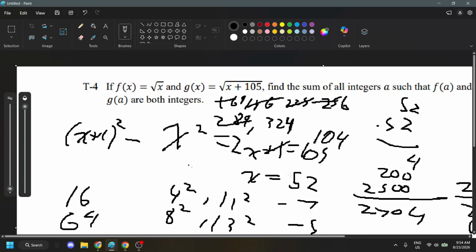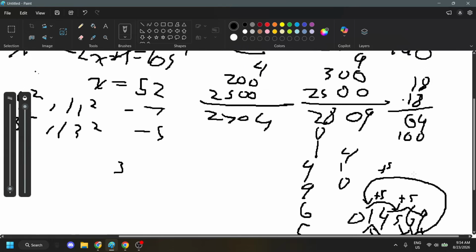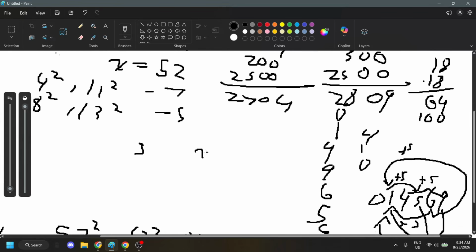How do I figure that out? We have (x+3) squared minus x squared is equal to 105.